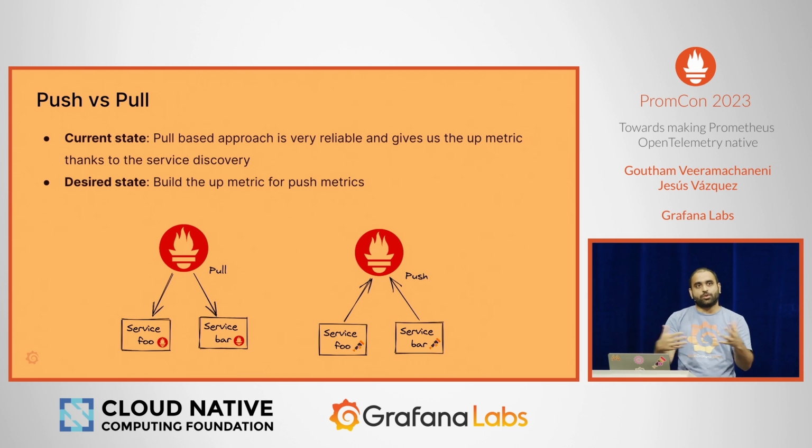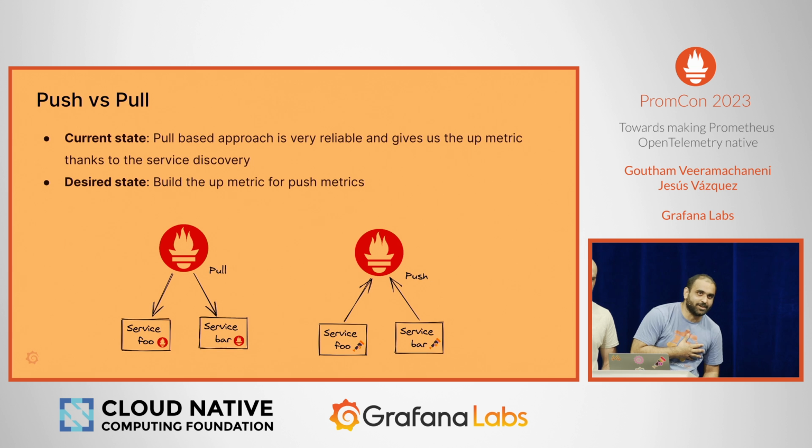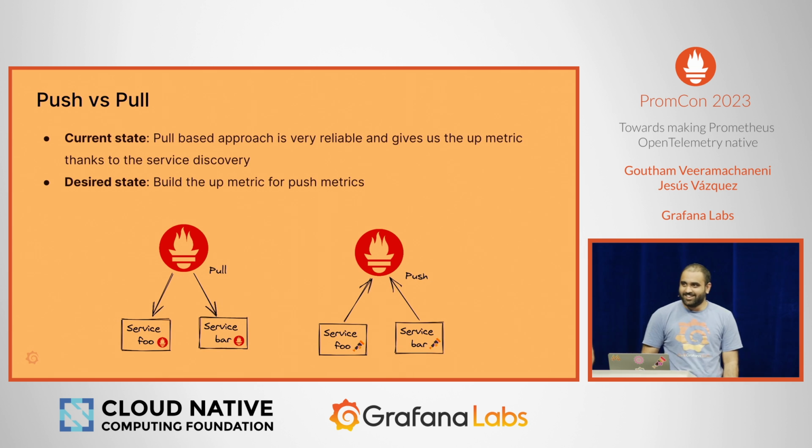And when you use OTel, the mental model is push. OTel does support pull, but all the documentation says push. So it would be swimming against the tide and an uphill battle to convince users to use OTel with pull. When we are trying to be OTel native, we need to support push. But I don't see any benefits of push. But I'm also a long-time Prometheus maintainer, so I'm not biased at all.